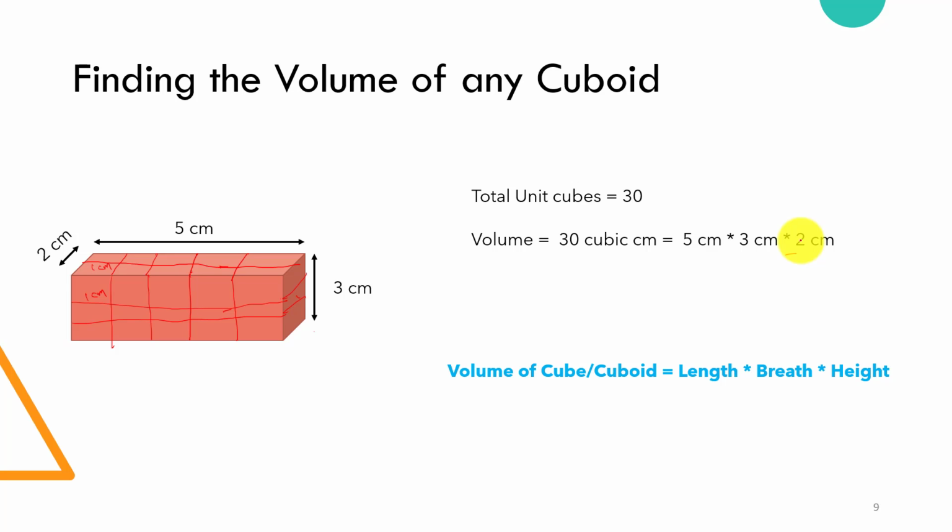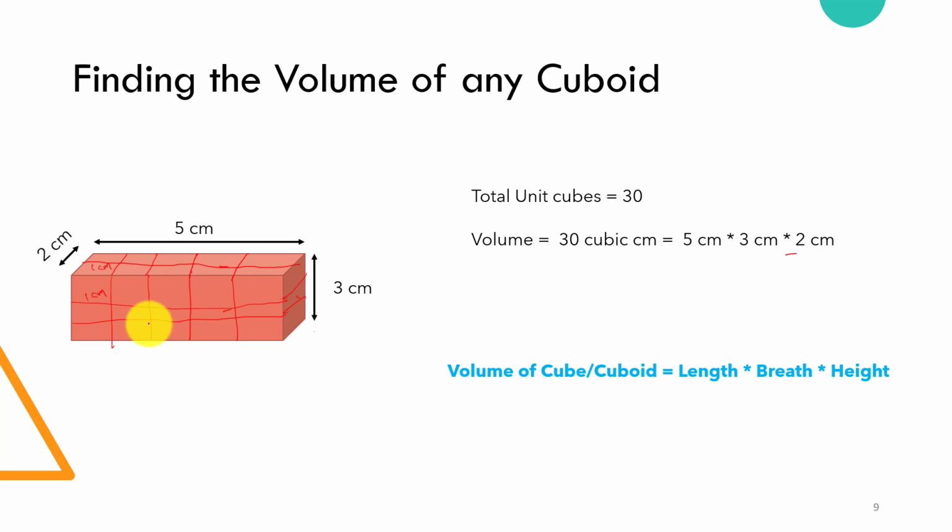And why do we need to do that? We have taken 2 examples. In the Rubik's cube, it was apparent that unit cubes are present there, but in this cuboid we actually made it, we drew it, and then we understood that we can make any cuboid structure as a collection of small unit cubes.